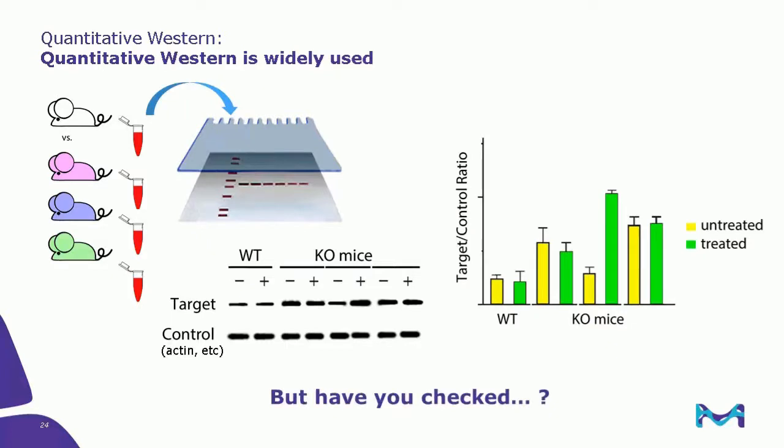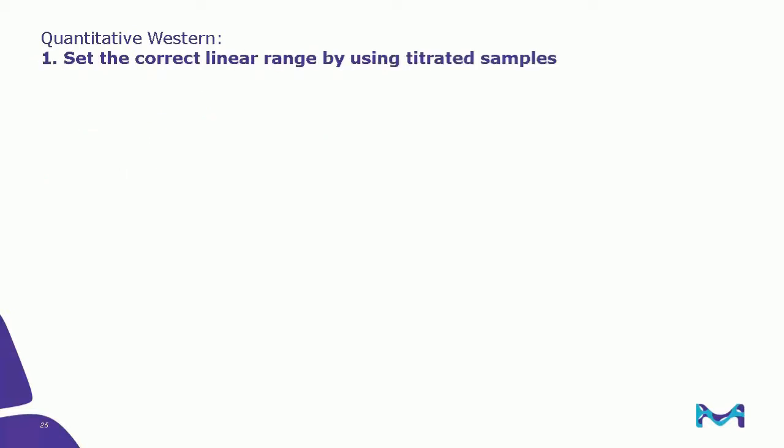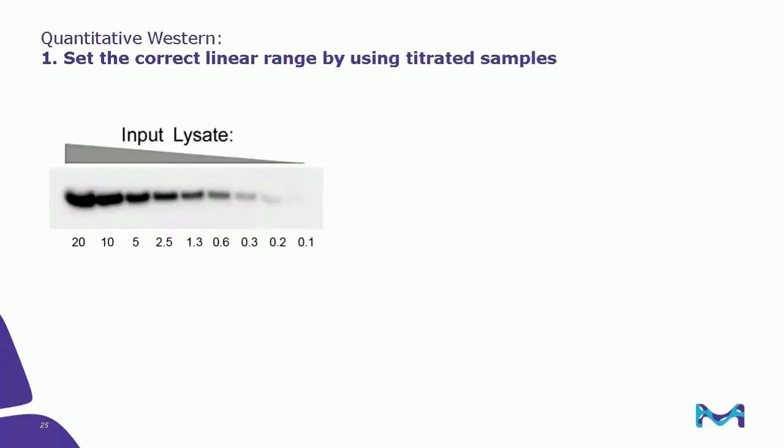While I think these are great results, there are certain caveats that need to be looked at in order to get the most out of your quantitative Western and really have the confidence in the accuracy and precision of your results. I think the first important aspect of any quantitative Western is understanding the linear range of your target protein.